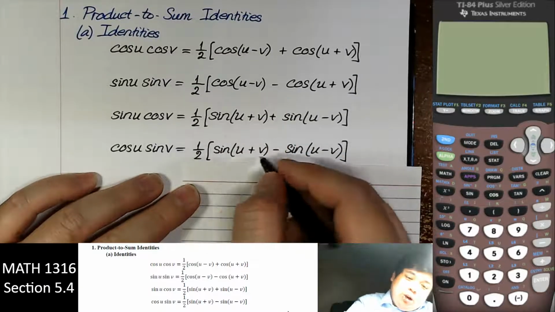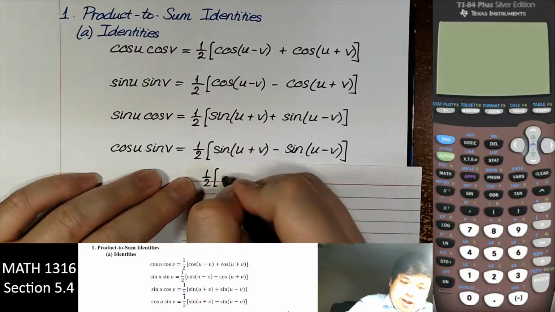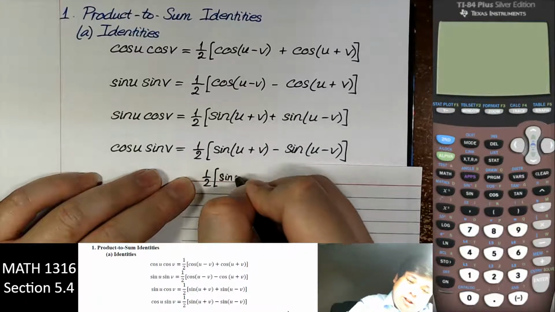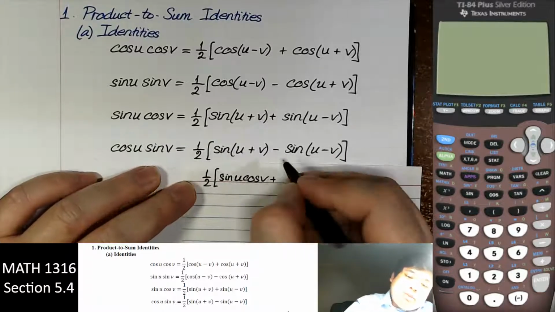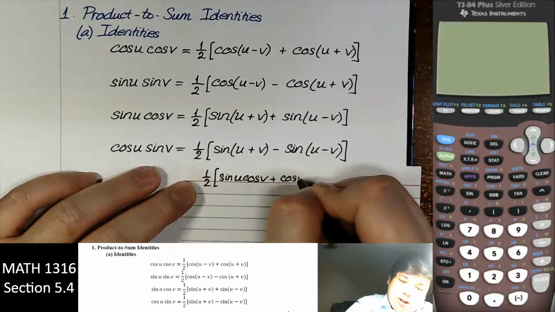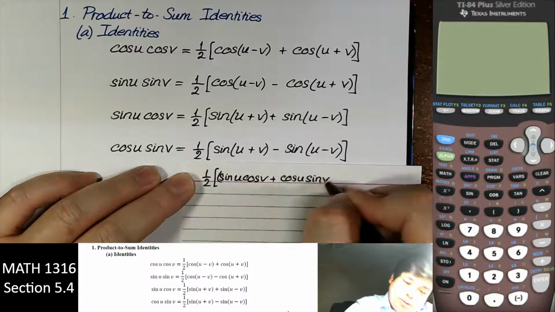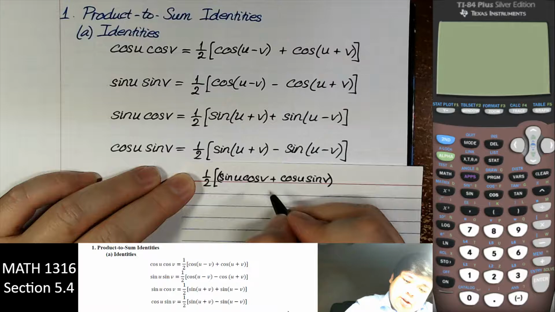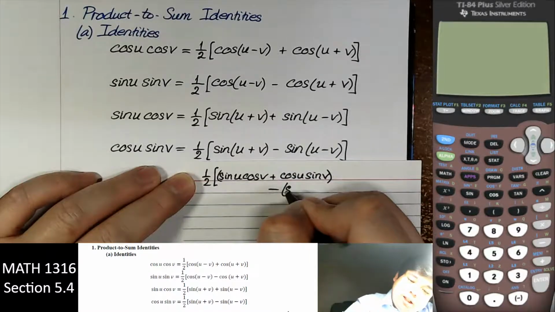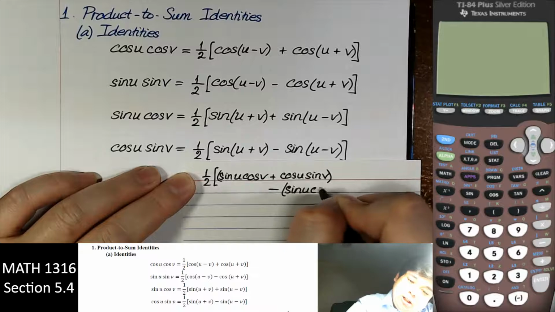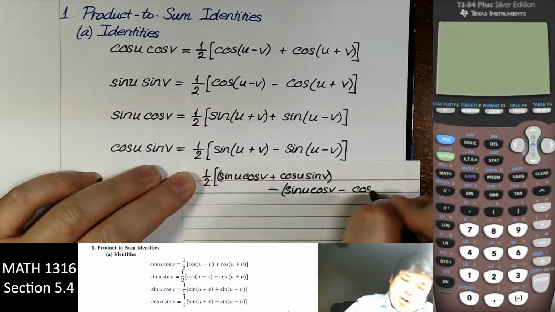Sine of u plus v is sine cosine plus cosine sine. And the sine of u minus v is sine cosine minus cosine sine.